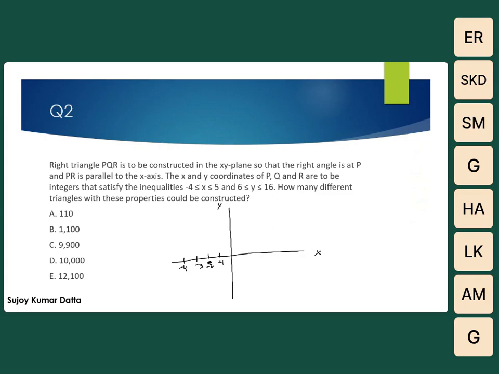and this is -2. Okay, there's 0. All right. Let's draw some vertical lines. Just assume that these are all parallel lines. I'm just drawing the grids.